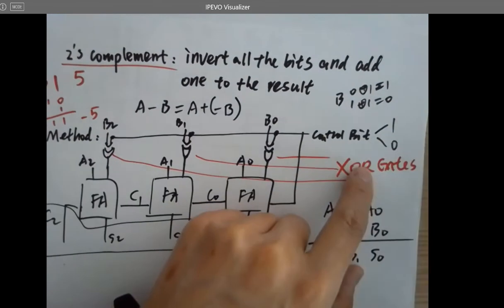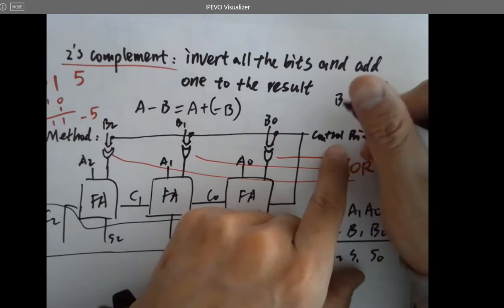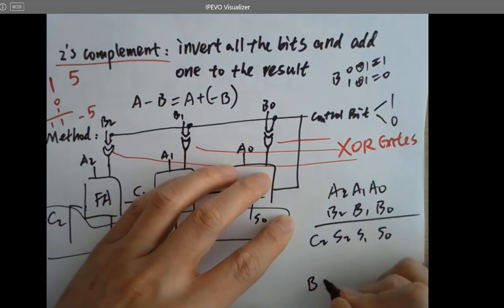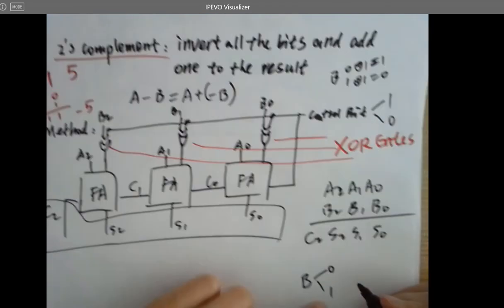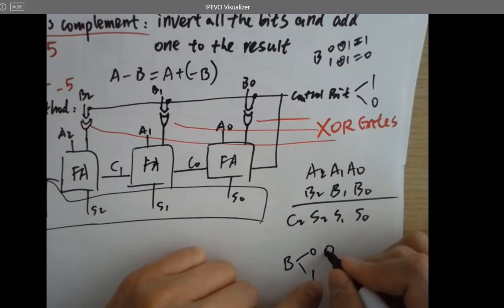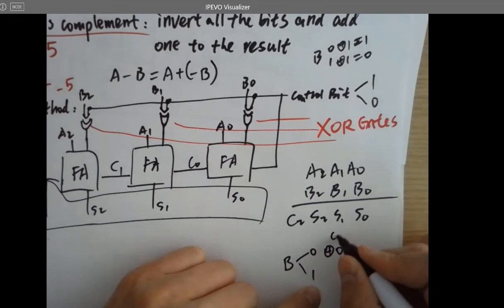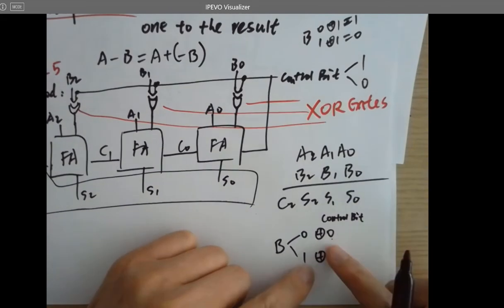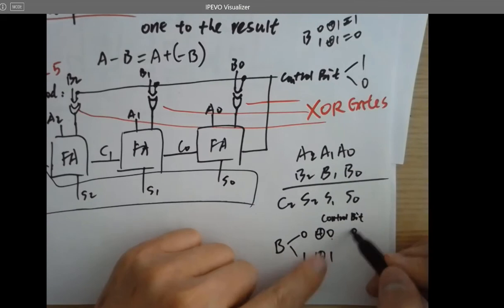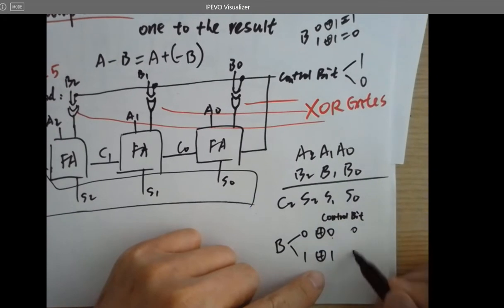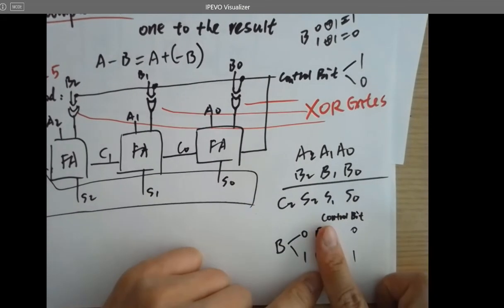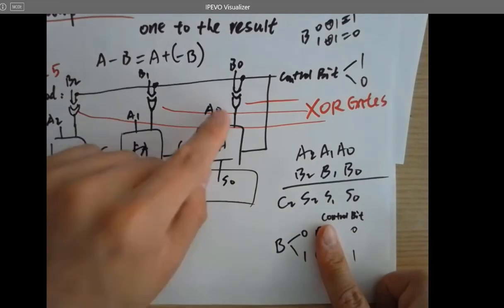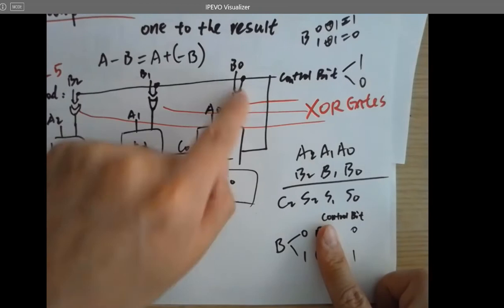And if we give a 0 to the control bit, there are 2 possibilities for B: same 0, same 1. So these are duplicating all the B's.